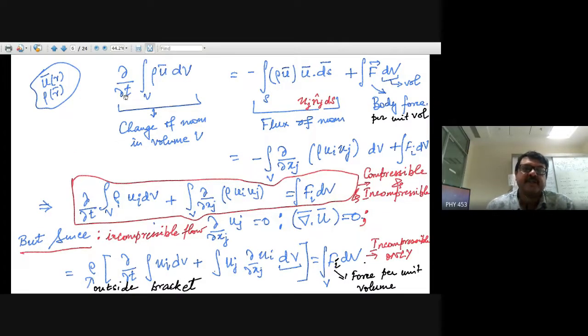So basically you can say that the change of momentum in volume v, the rate of change of momentum at a certain element in space, is equal to the flux of momentum. This is the momentum, this controls the flux of momentum through the surface, and you have u dot ds, right?